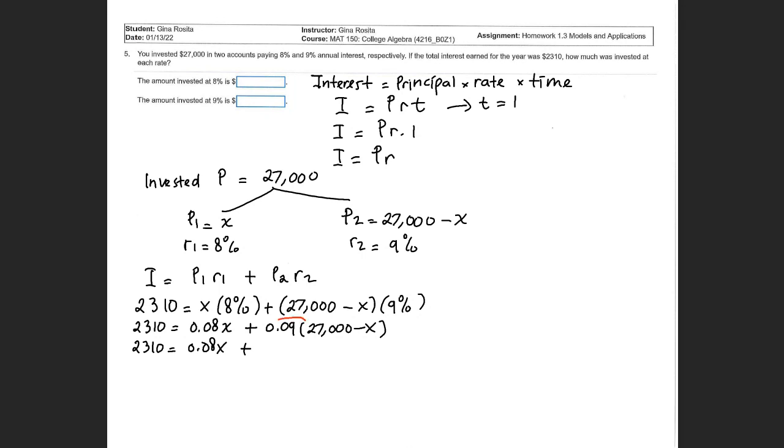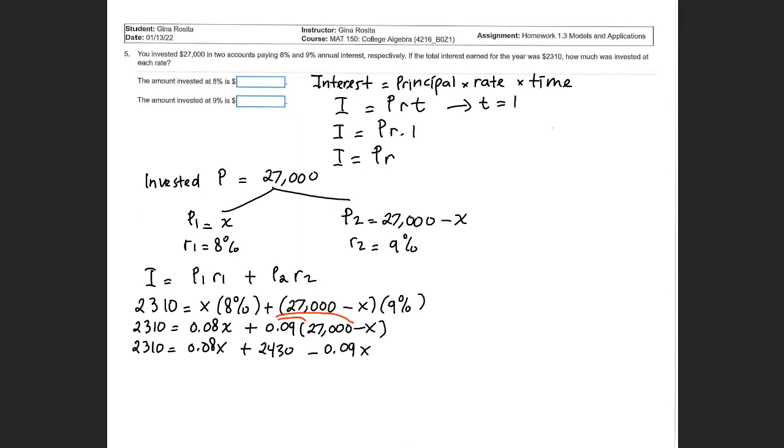So 0.09 times 27,000, you got 2430, minus 0.09 times x, which is 0.09x. Yeah, distributive property, don't forget about that.